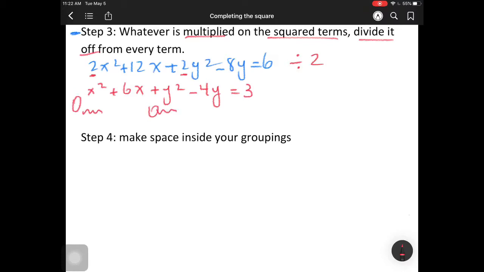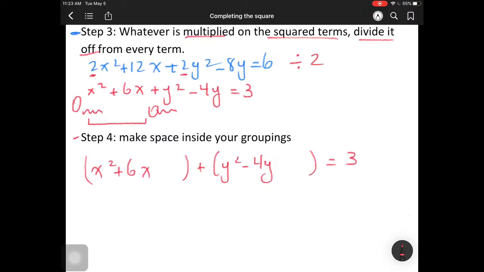Step 4 says make space inside your groupings. What does this mean? This means that you have here x squared plus 6x. They want you to leave some space. Y squared minus 4y, they also want you to leave some space here, equals 3. So basically this step is very silly.